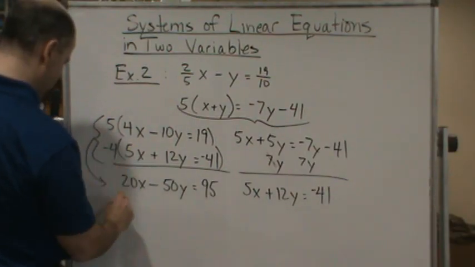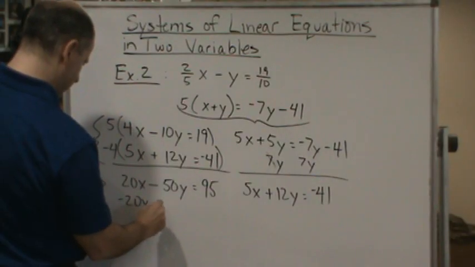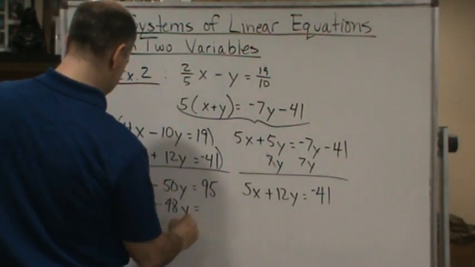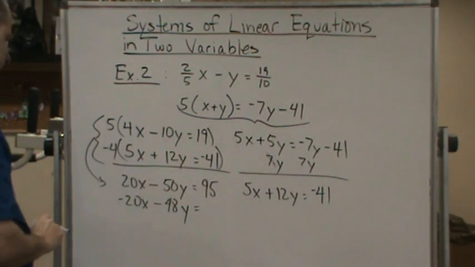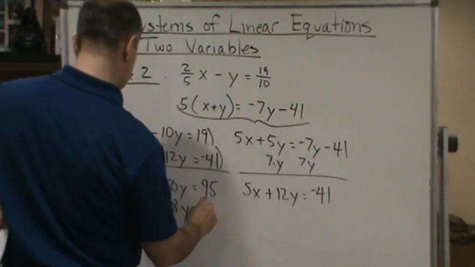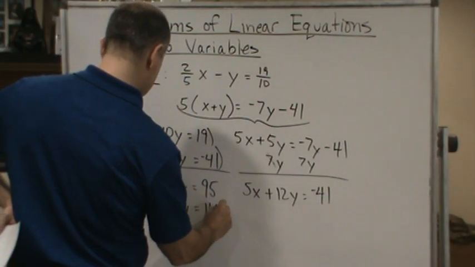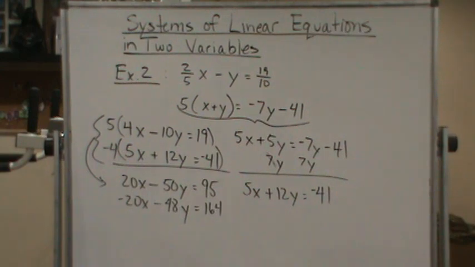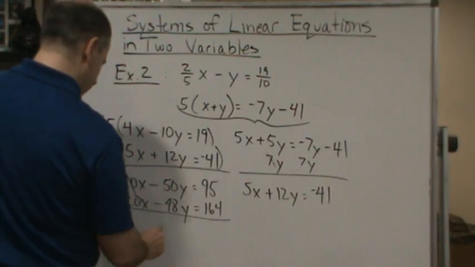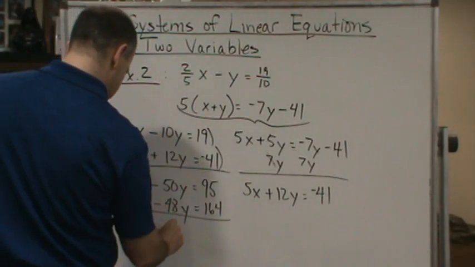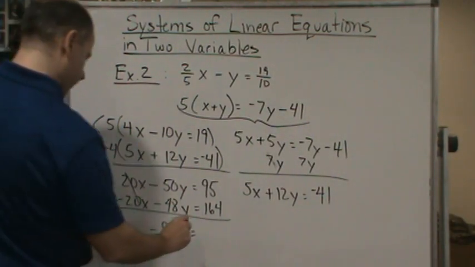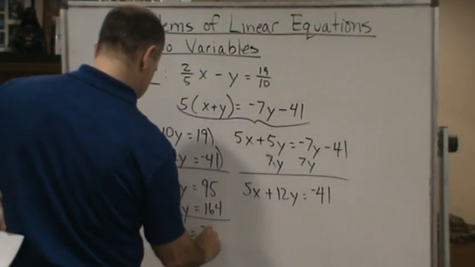Now the bottom one is going to give me negative 20x minus 48y equals 164. And now when I add, the x's are going to drop out. I get negative 98y equals 259.